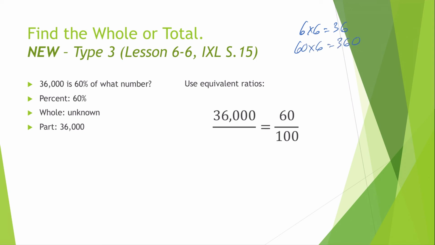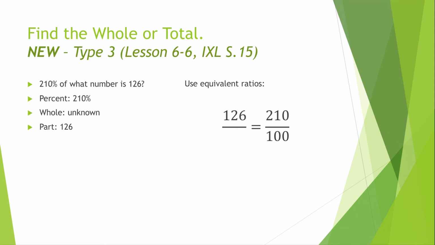But this is 36,000, so that means I would have to multiply by 600. So 60 times 600 would give me 36,000. Okay, I have 1, 2, 3 zeros here to match up with these 3 zeros here. So if I'm multiplying by 600 to get from 60 to 36,000, I would have to multiply 100 by 600, and that would give me 60,000 for that answer. So 36,000 is 60% of 60,000.